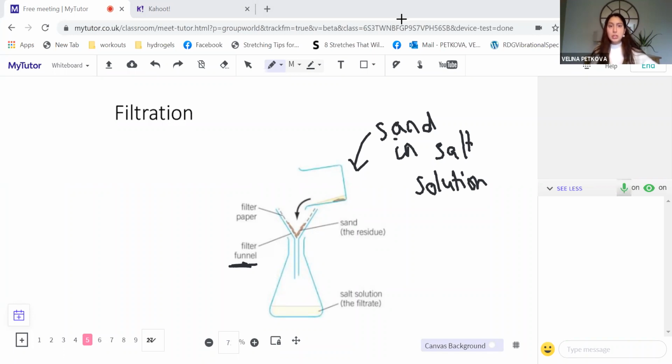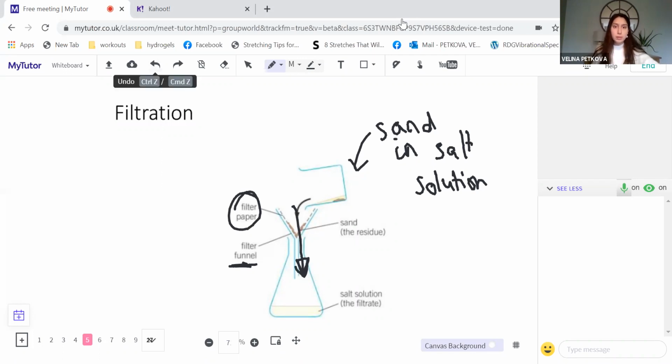Let's look at our filtration process. We've got a filter funnel, but if we poured our sand and salt solution through the funnel, what would happen? Our sand would also go straight through the funnel, and therefore we don't have any separation. So we must have filter paper. This captures the sand and stops it from going through into the salt solution.